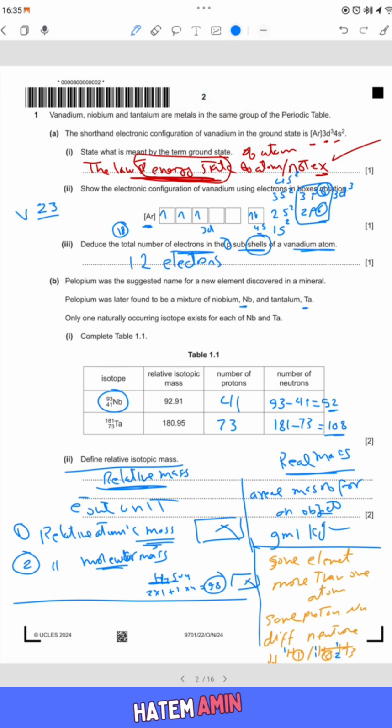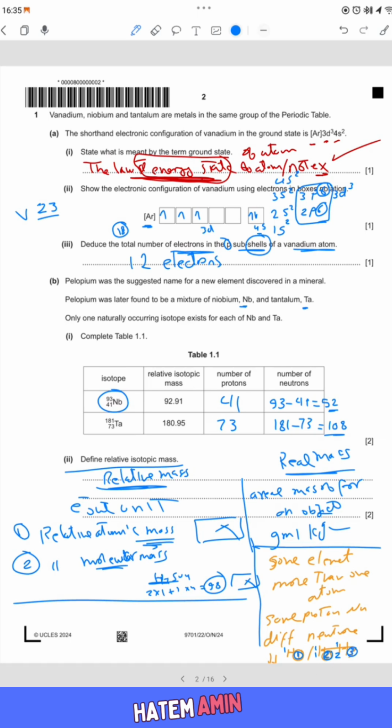The difference is in the atomic mass number, or the relative isotopic mass. The first isotope has relative atomic mass 1, the second has 2, and hydrogen 3 has 3.